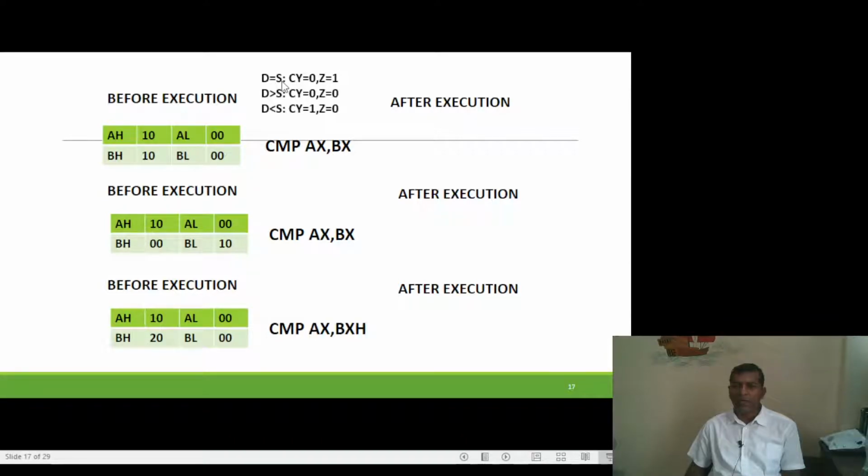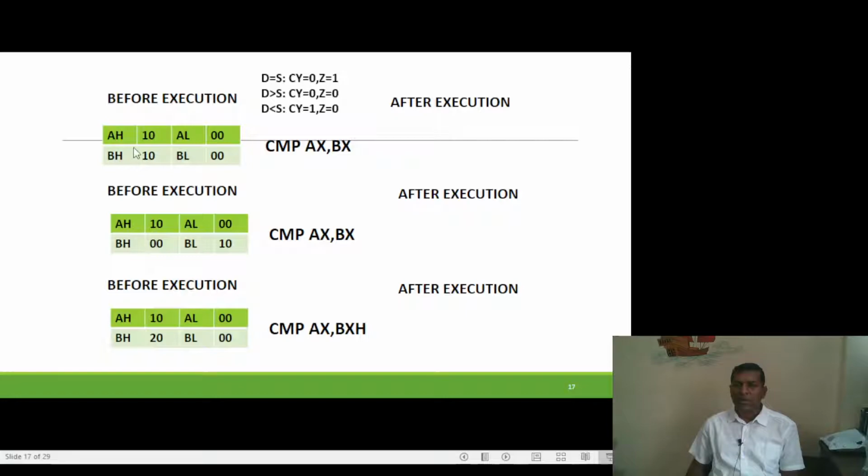If both are equal, then the result of comparison will be 0, so the zero flag will be set. If the destination is larger and the source is small, then no carry flag or zero flag will be set. If the destination is smaller than the source, then the carry flag will be set and the zero flag will be 0.